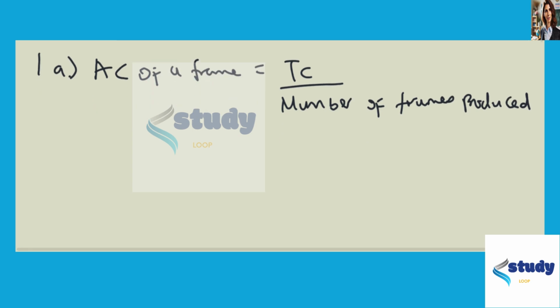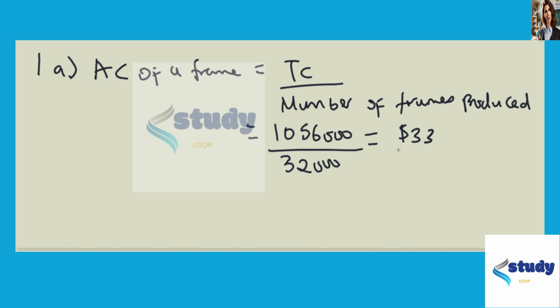And therefore, this will be equal to 1,056,000 divided by 32,000. So dividing this, you're going to get $33. So this is the average cost of a frame.